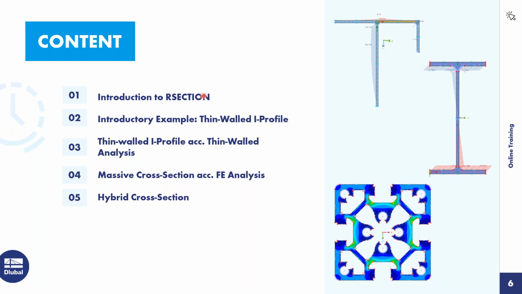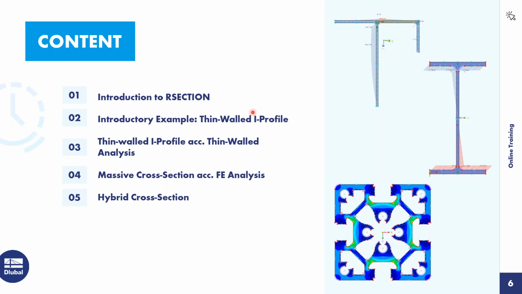You can calculate thin-walled profiles and also massive profiles. This is a huge advantage that you need only one cross-section program, Rsection, in order to calculate various and different profiles and cross-sections. It doesn't matter if they are thin-walled cross-sections or if they are massive cross-sections.